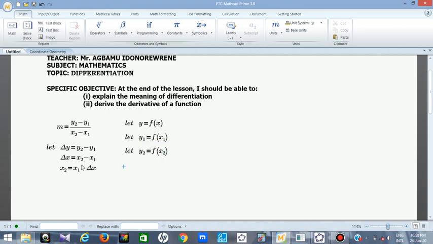So then looking at our changes now, the change in y and the change in x, we define it as delta y and delta x. So you can replace this value now. We said x2 is x1 plus delta x. Let's replace x2 in y2 with this. So now y2 is going to give us f of x1 plus delta x.